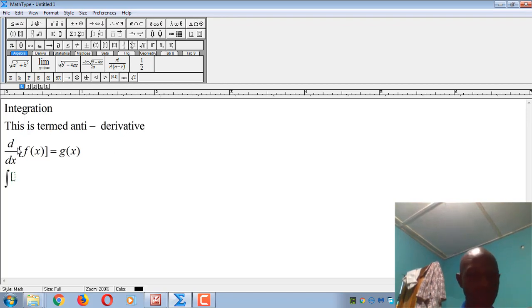But now, if we have to reverse, we want to find what will give us f of x back.